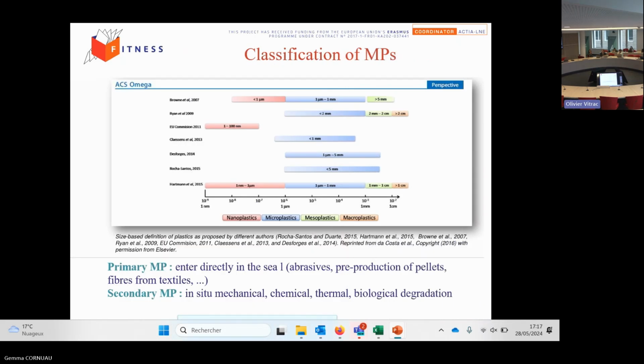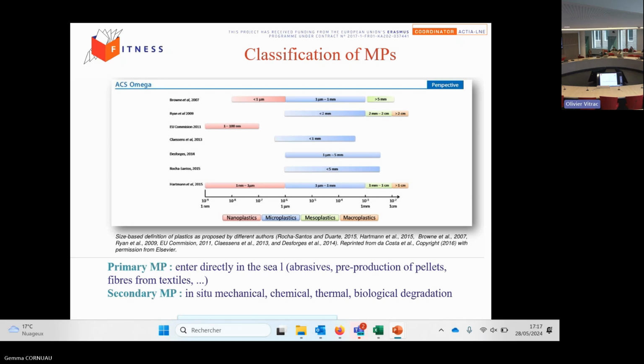OceanEye and the others are measuring in one point the macroplastics, but they're also measuring the microplastics. And for the microplastics, there is a convention. In fact, microplastics are plastics which are below 2 or 5 millimeters of size.